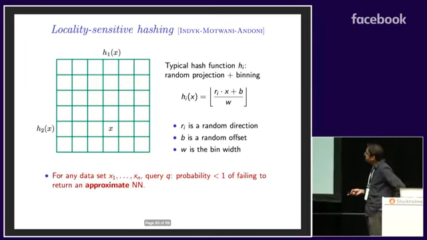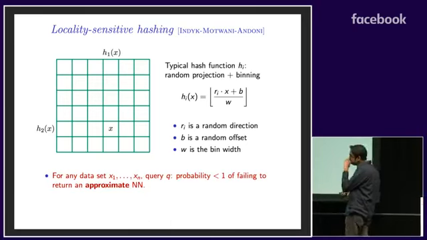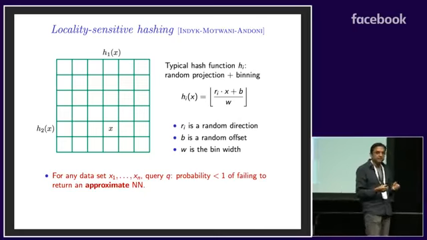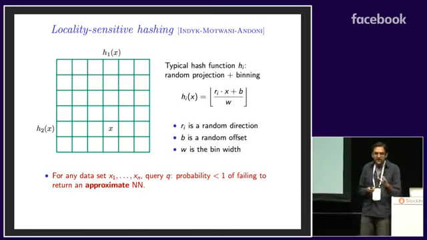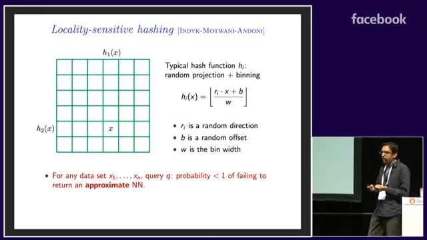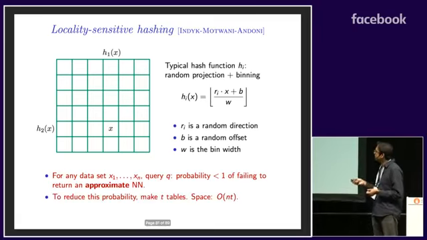And what they showed is that if you do this, then the probability that you fail to return an approximate nearest neighbor, and I'll say what that is, is less than 1. Let's say it's 0.9. And that's exactly what we need, because this holds for any query. So you just need to build a whole bunch of tables.